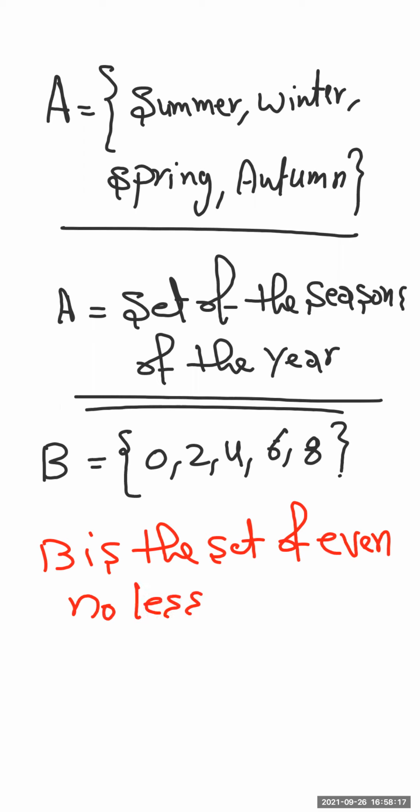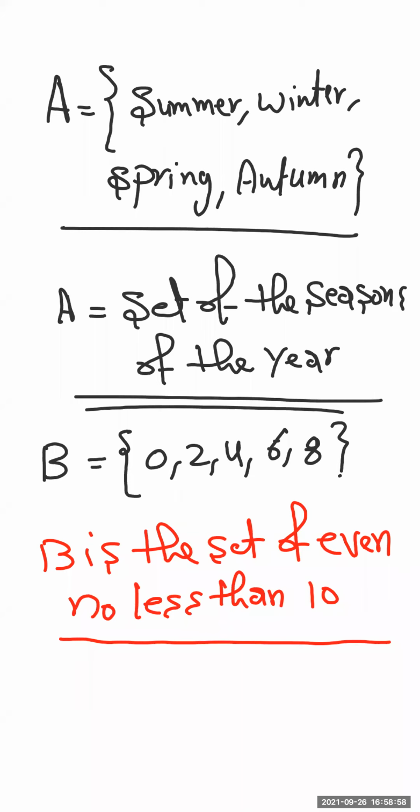But we have to continue the description, we have to complete it. It's not only the even numbers, it's the even numbers which are less than 10, right? We have to write it completely, because if we just write the set of even numbers, even numbers means 0, 2, 4, 6, 8, and so on, and 10 and 12 and continue like that. But this one is the even numbers which are less than 10, so we have to write it completely.